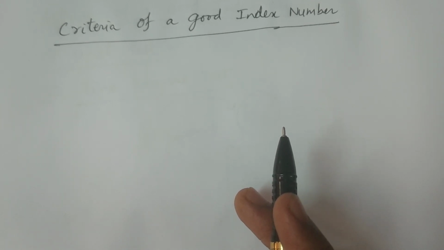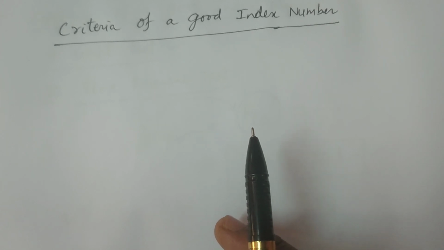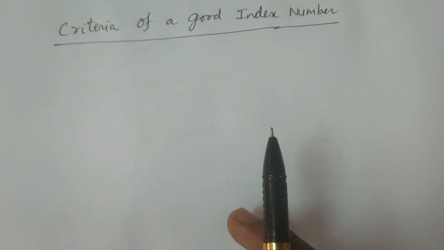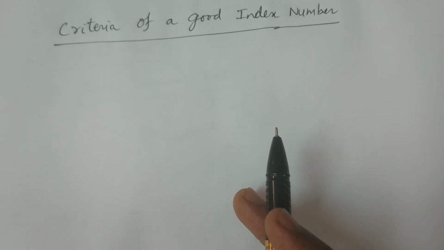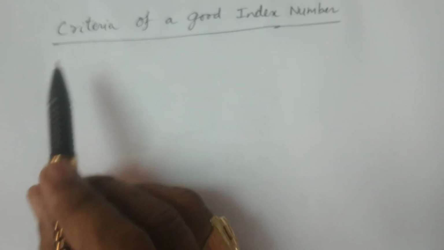Now what we are doing is identifying the appropriate relative changes in a particular phenomenon: which formula is a good formula, which index is a good index. That is our question, for which we have a criteria.